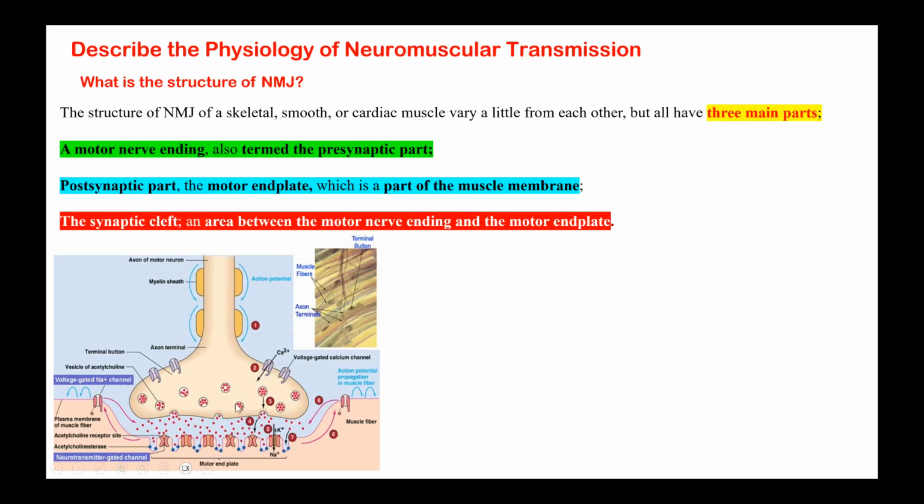So you can see the first step is the conduction of the impulse coming from the axon. The second step is the entry of calcium through the voltage gated calcium channels. The third is the release of acetylcholine by the vesicles, which already contain acetylcholine molecules enclosed in a vesicular structure.